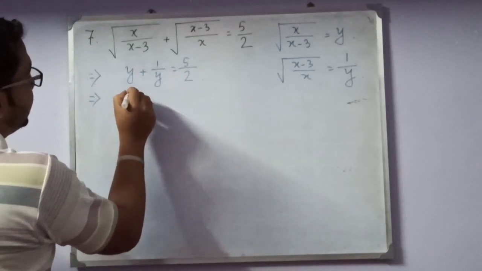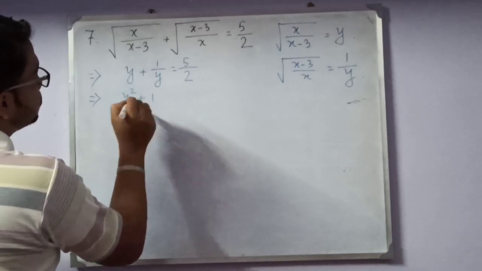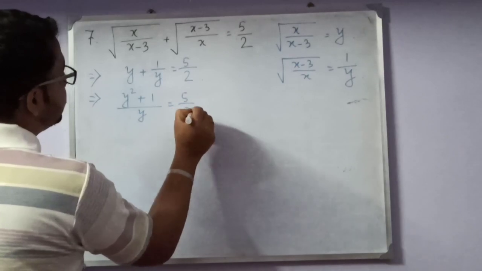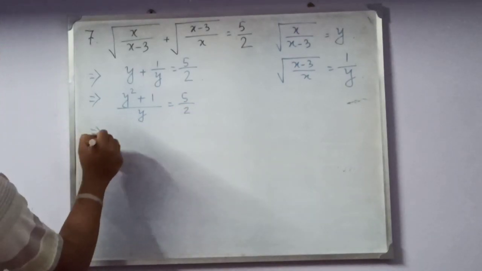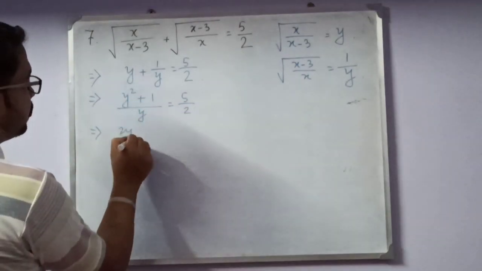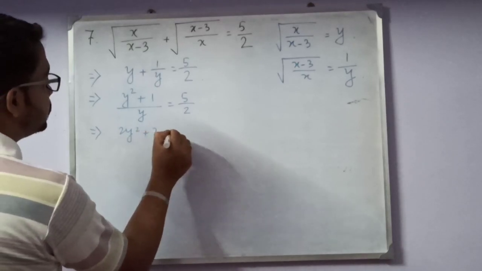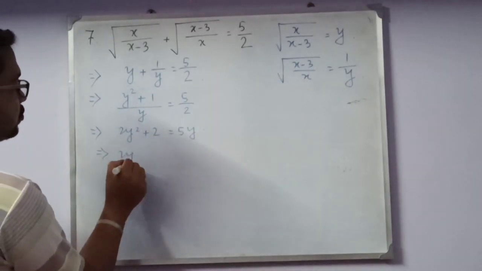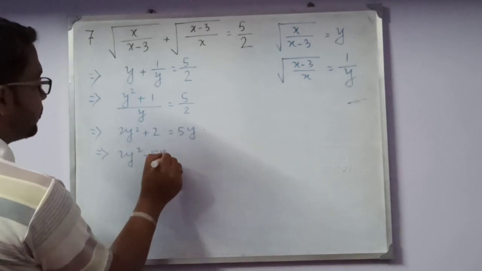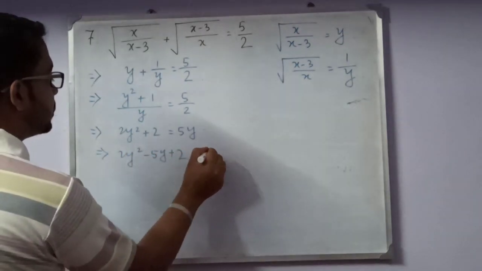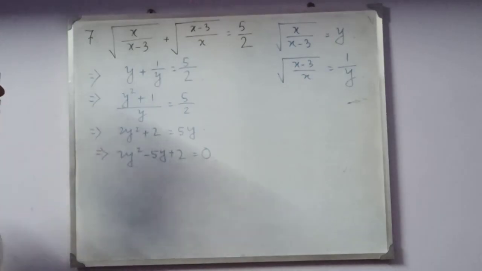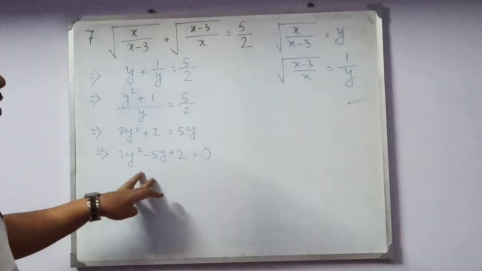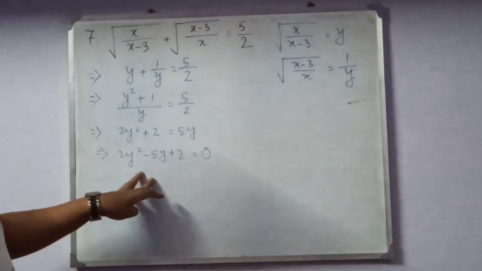LCM, we get y square plus 1 upon y is equal to 5 upon 2. Cross multiplied, we get 2y square plus 2 is equal to 5y. 2y square minus 5y plus 2 is equal to 0. We can use the Sridharacharya rule or we can use the middle term.